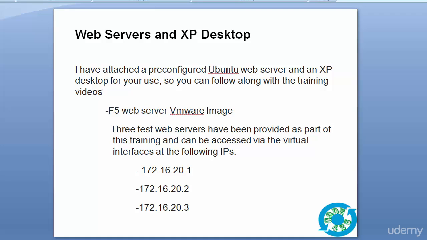And the server, it's an Ubuntu server, and I think it has 5 Apache servers inside of it. We're only going to use 3 for this course, just for simplicity. But they're there for your use. I wouldn't use them for anything else but this course. So if you'd like to follow along and you haven't downloaded those, please download those now.